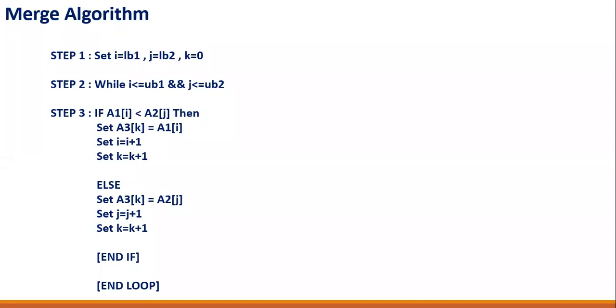So then what we have written: set a3 of K, that is the third array, equals to a1 of I. Copy the first element of the first array as the first element of the third array. And then we will increase I. Why will we increase I? Because that I we have already copied into array 3. So we have to go ahead and we will increase K because the first element in the third array is already placed. So this is the situation, students.